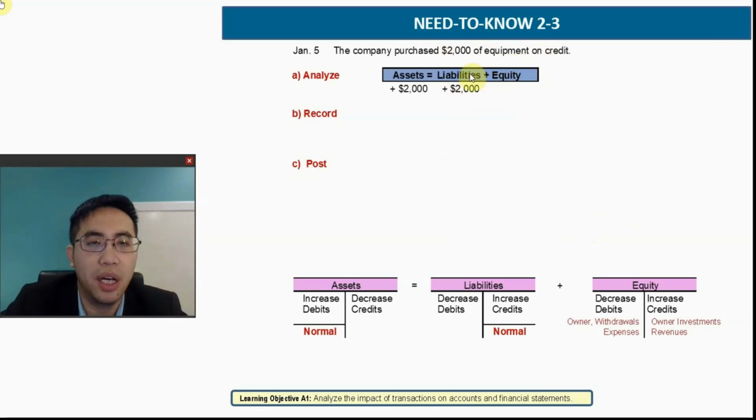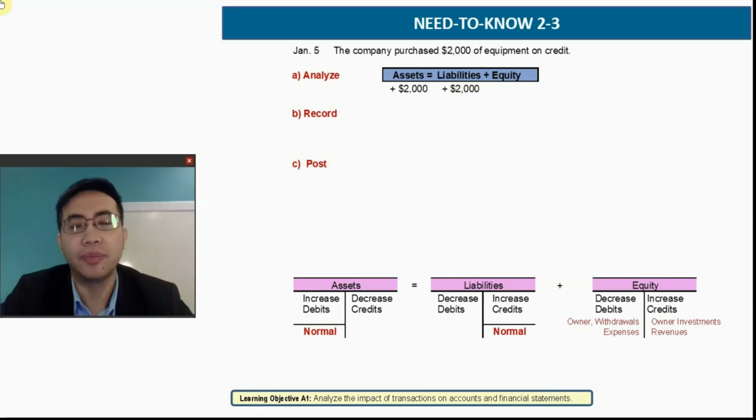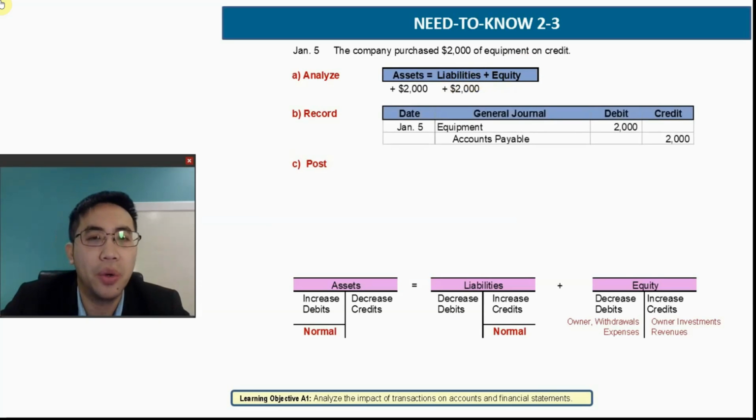It is recorded on an accrual basis, which means the purchase is happening today, but the payment will be made later. On the record, you will see that equipment as an asset has increased, that's a debit, and accounts payable as a liability increased, and that's a credit.